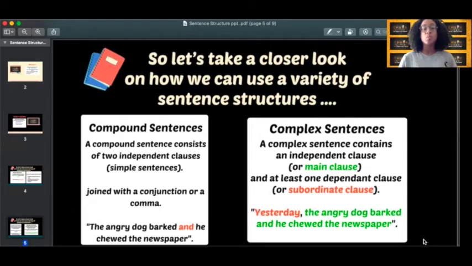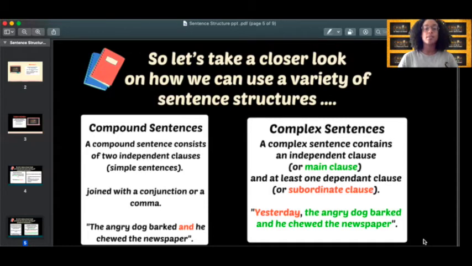And the two independent clauses are simple sentences, okay? Joined with a conjunction or a comma. For example, the angry dog barked and, which is the conjunction, he chewed the newspaper. Or you can remove the and and put a comma there if you like.